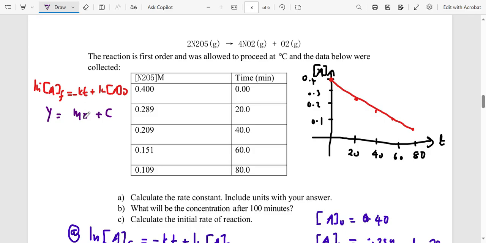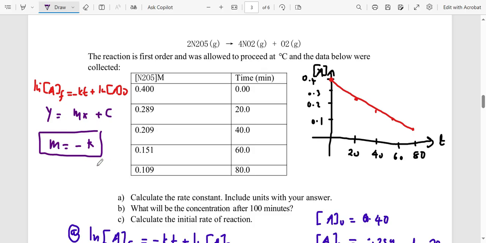So you can see y is correlating to natural log of the final concentration. m, which is the gradient, is correlating with negative k. And then you have got time, which is correlating to x, and then c correlating to the initial concentration.